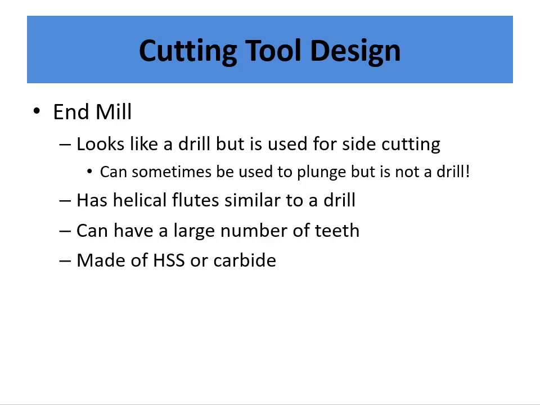You can have types of mills that have inserted teeth on them, although generally, I would say most end mills are either solid high-speed steel or solid carbide. So nowadays, obviously, carbide's preferred, but there are reasons for still using high-speed steel end mills, and they are still made and still used.